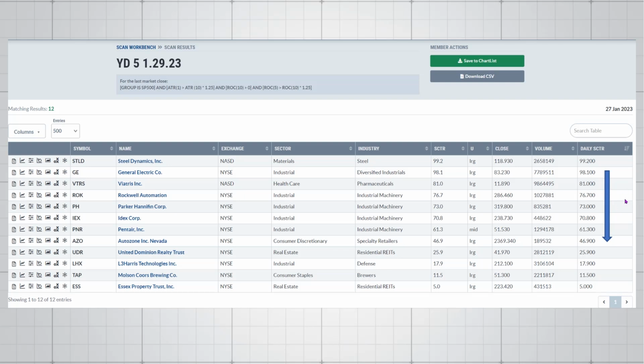We see that we did receive the largest Scooter value first, all the way down to Essex Property Trust, which is a 5 on the scooter scale. That's out of 100, so it's quite a low scale, low value there. But we'll go through 5 of these stocks and see what we have for scan returns.